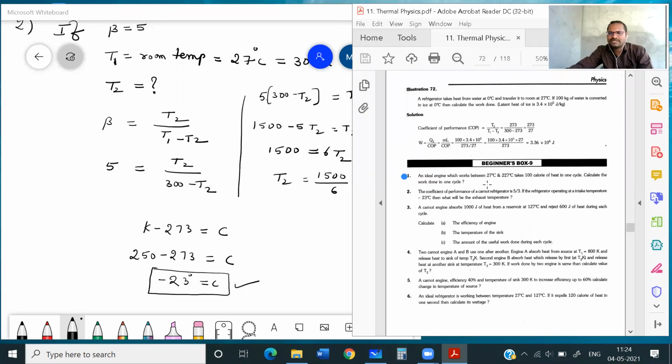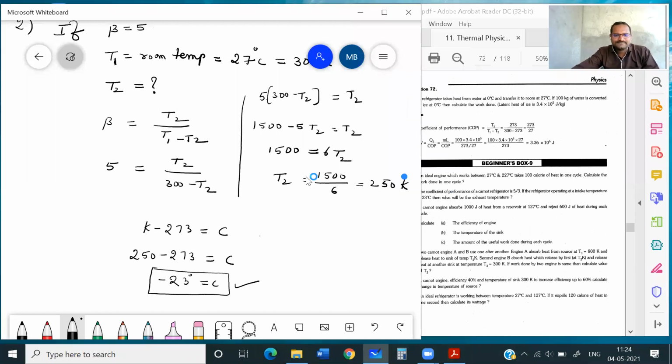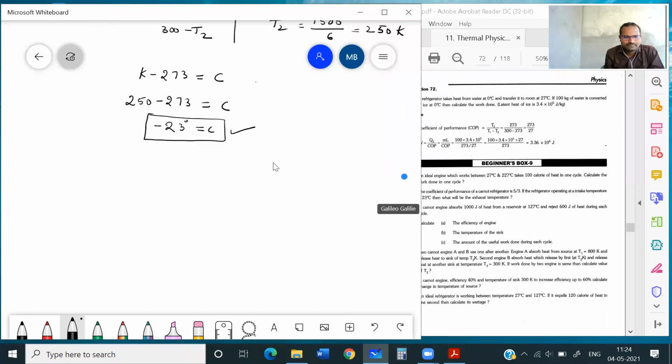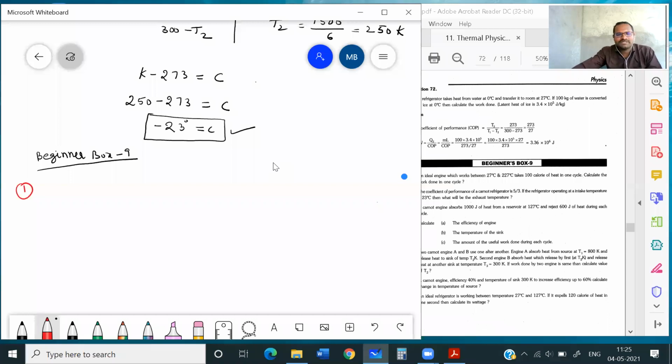Calculate the work done in 1 cycle. That is the question we need to find. Beginner box 9, question number 1, that is what I am taking now.